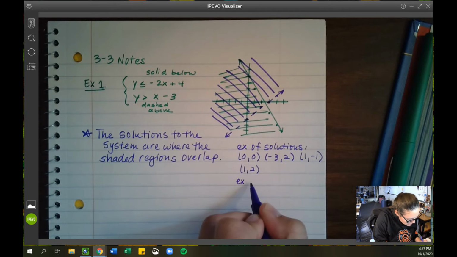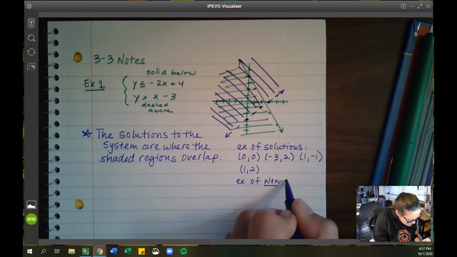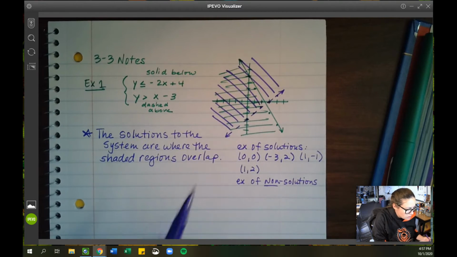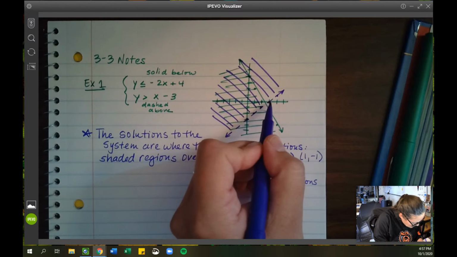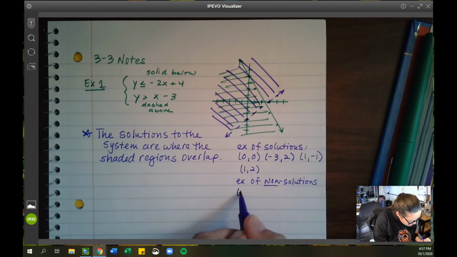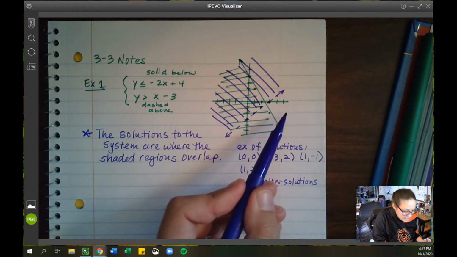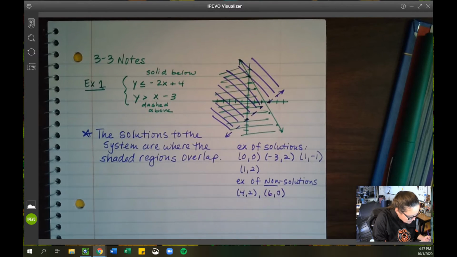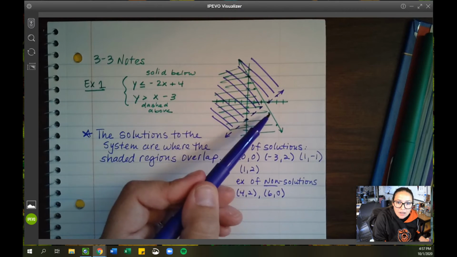I want to also mention examples of non-solutions. Non-solutions. So anything over here is not going to be a solution. So let's say 4, 2 is not a solution. Anything over here is not a solution. So 6, 0. Even anything that's on this line but is not above the purple line is not a solution.